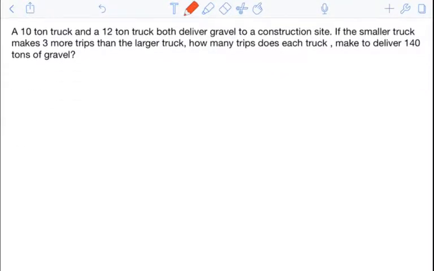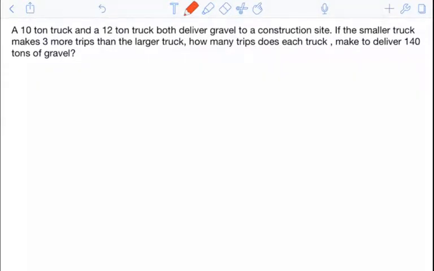A 10-ton truck and a 12-ton truck both deliver gravel to a construction site. If the smaller truck makes 3 more trips than the larger truck, how many trips does each truck make to deliver 142 tons of gravel?